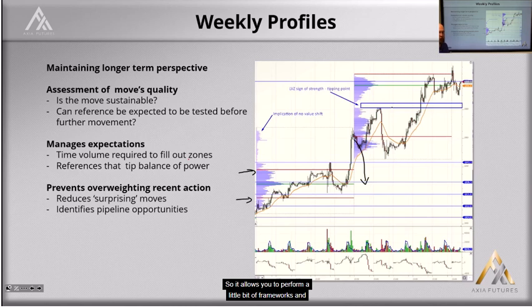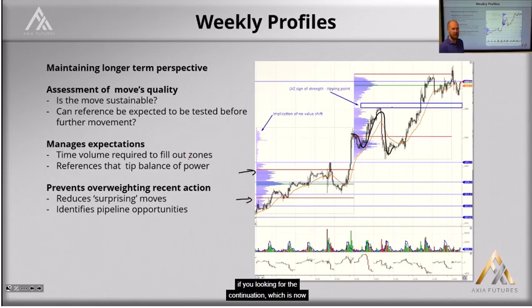So it allows you to form a little bit of framework and parameters within which you expect the week to trade. Once you've done this, the story can elongate, and you think, right, well now, after the first 2 days of the week, which traded like this, we have put some volume in lower. Now we can look for a movement higher.